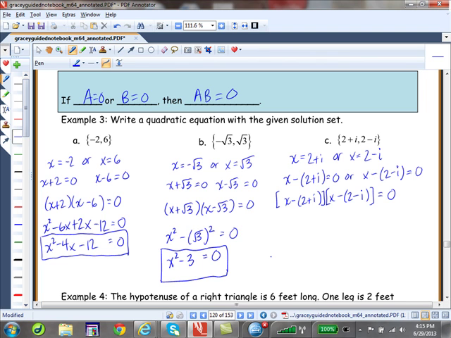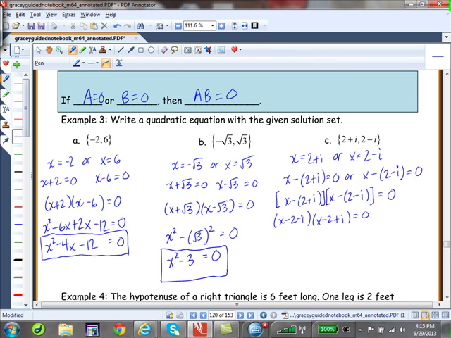I thought it might turn out a little easier. I think I'll go ahead and distribute that minus through each. So we'd have x minus 2 minus i times x minus 2 plus i is 0.